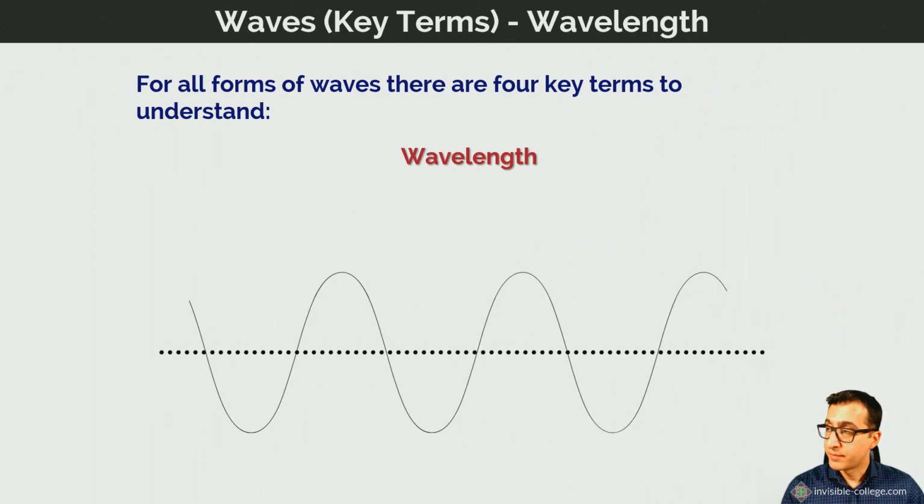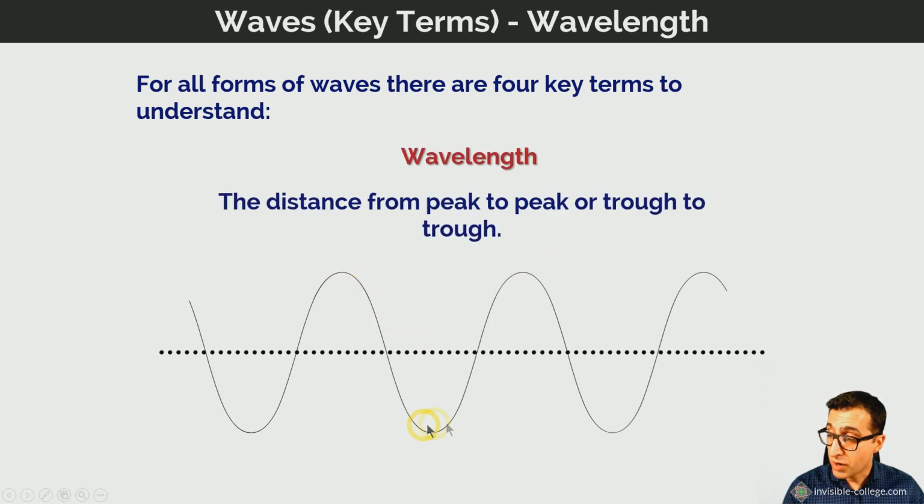Now, the wavelength. If we imagine that this is representing a transverse wave, for example, the wavelength is defined as the distance from one peak of a wave to an adjacent peak. It can also be described as the distance from one trough to an adjacent trough.